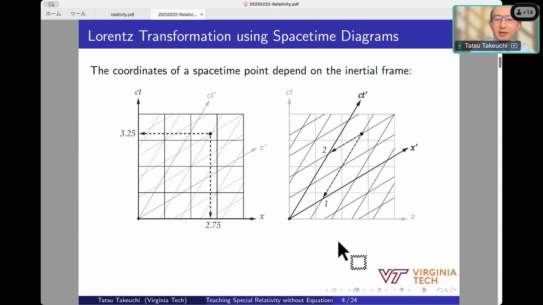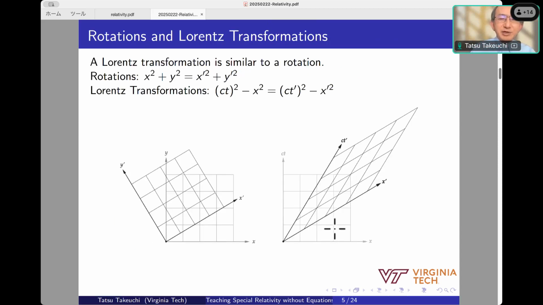Okay, and since we just talked about rotation, I would like to point out that the Lorentz transformation is actually very similar to rotations. On the left, I show two coordinate systems, x, y and x prime, y prime, which are rotated relative to each other.